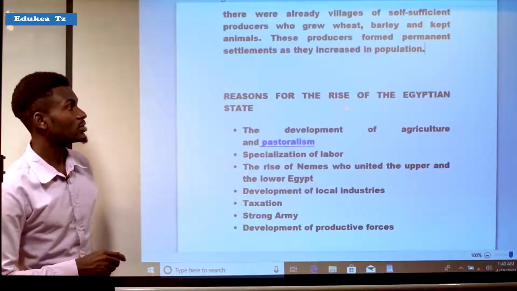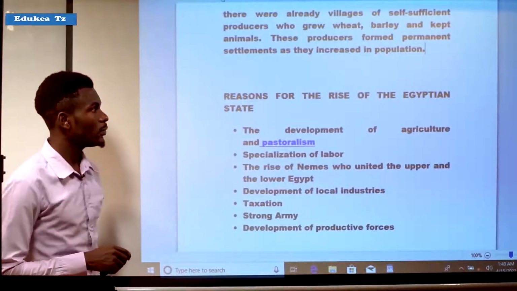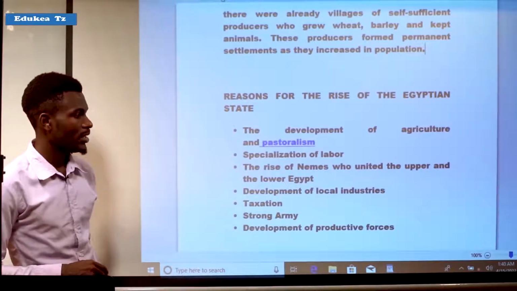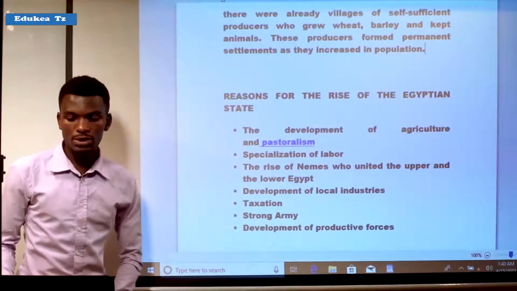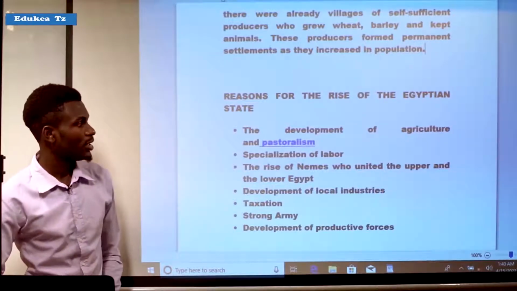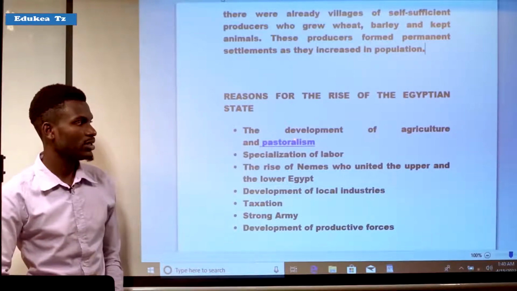Reasons for the rise of the Egyptian state. We are going to see the reasons for the rise of the Egyptian state or kingdom. The first one was the development of agriculture and pastoralism.